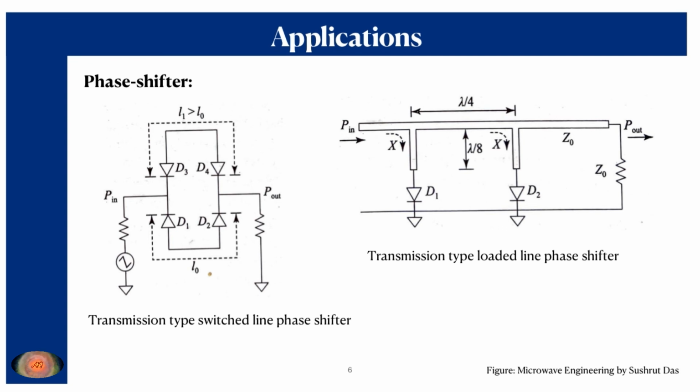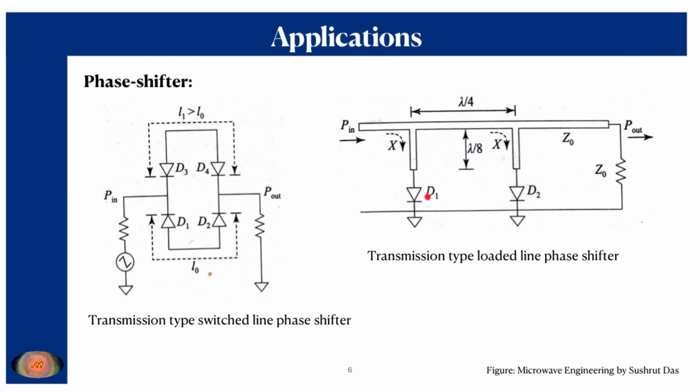On the other hand, if you move a quarter wavelength distance from the load terminal, then everything alters. That means the property of the load impedance as well as the input impedance alters. So that is why that idea is utilized over here.